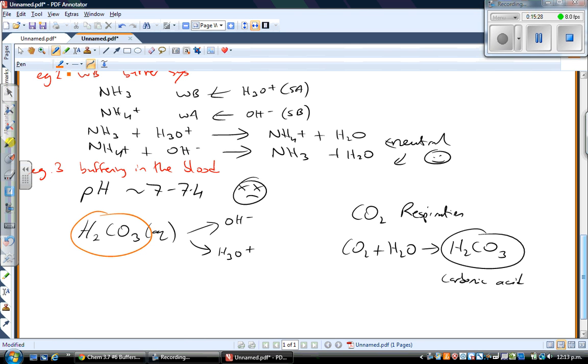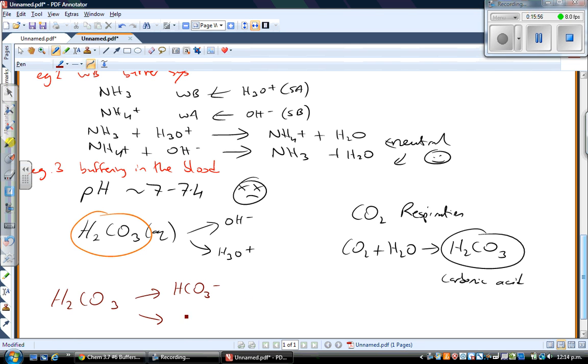Now, let's write two equations to show how it deals with the addition of a strong base or a strong acid. Carbonic acid, like any weak acid, will undergo dissociation in water and forms HCO3-, the hydrogen carbonate ion.